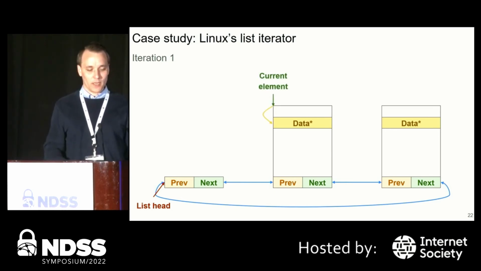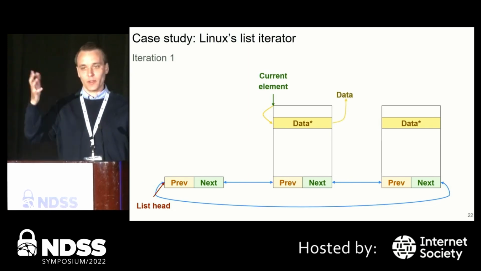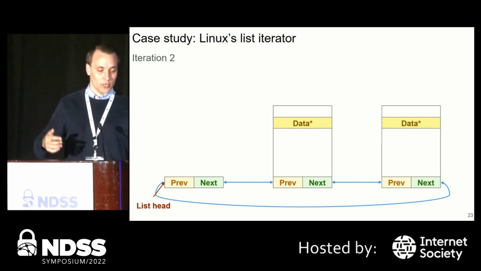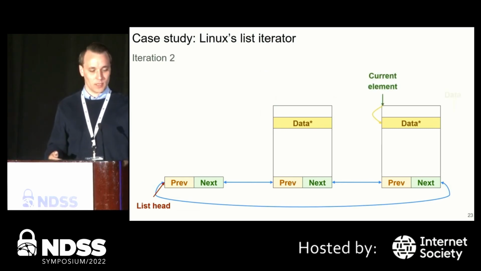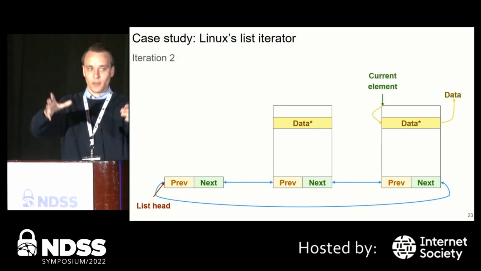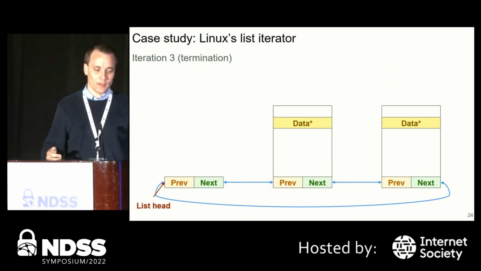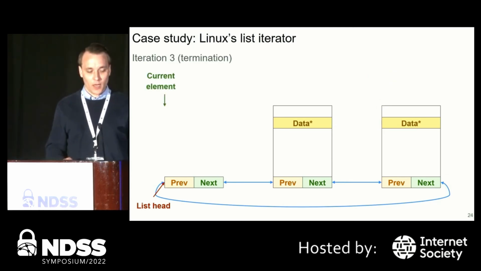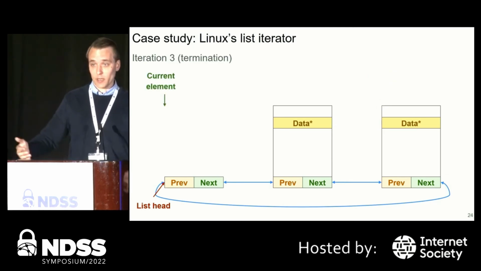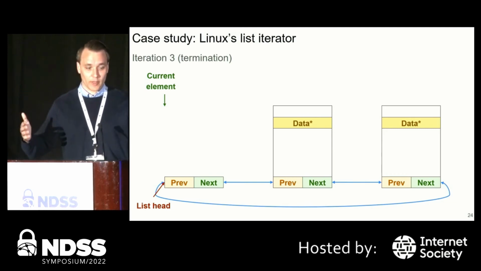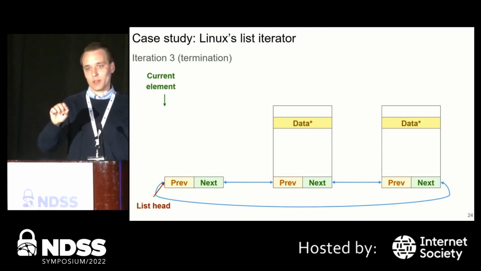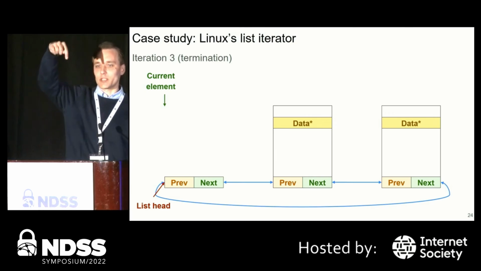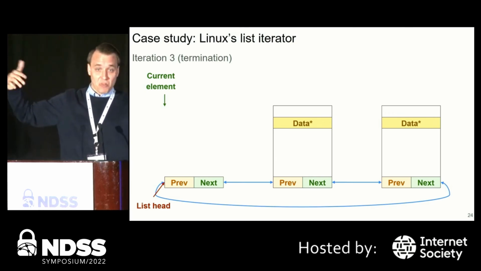You load some data and do something with that data within the loop. Iteration 2, similarly, goes to the next one. You do something with the data within the branch of the loop, and then the terminating iteration. It knows that it's the terminating iteration, so nothing really happens, but there's this benign type confusion where the current element points to arbitrary out-of-bounds memory.